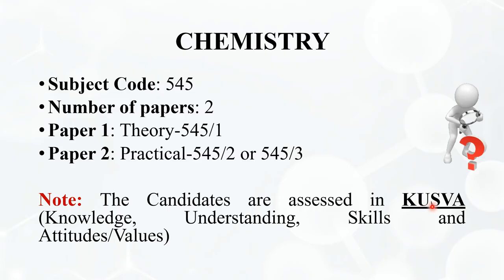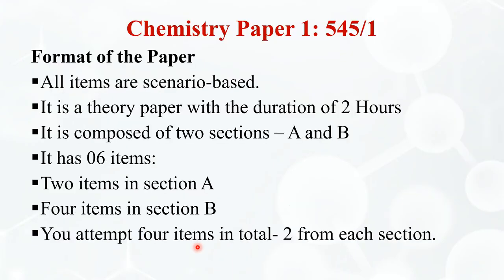So as we approach these scenario-based items in chemistry, we also assess the skills, not forgetting the values and attitudes. All these are assessed in chemistry, and we shall be looking at different scenarios covering the knowledge, understanding, skills, values, and attitudes.